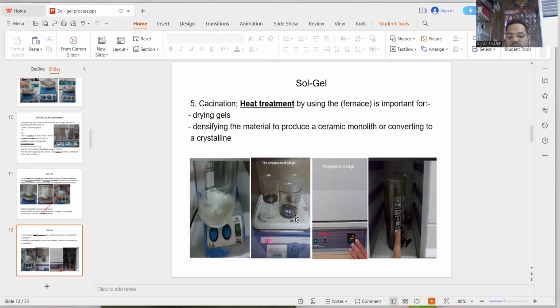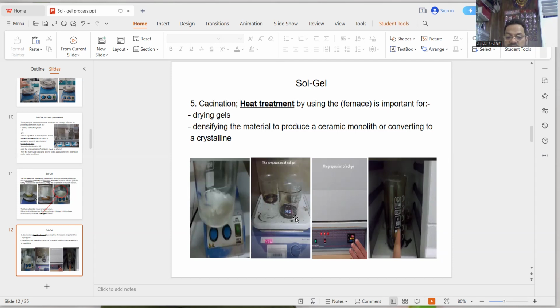Here, the agents started to disappear, but to be sure that we don't have any solvents anymore, we will put this material inside the furnace for 24 hours to reach room temperature again.